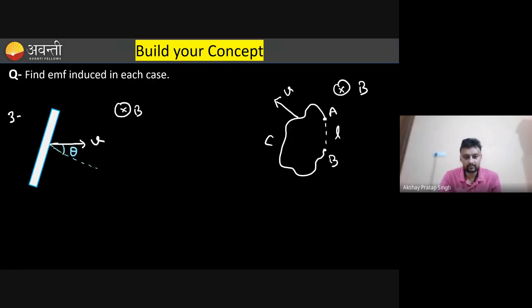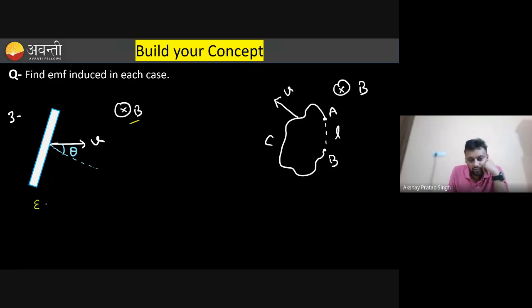Here, is there any quantity which is parallel to each other? Like the magnetic field is into the z-axis, into the plane. Length is somewhere in the xy plane. Velocity is somewhere. So nothing is parallel. That means EMF is not going to be 0. Now what should you do?